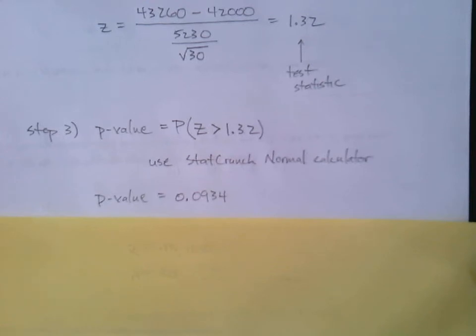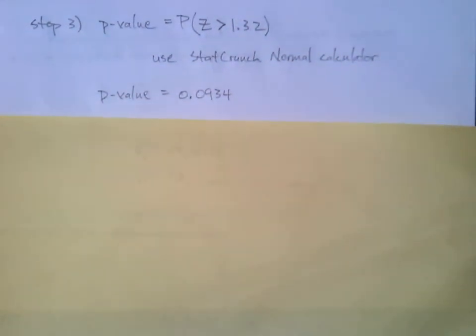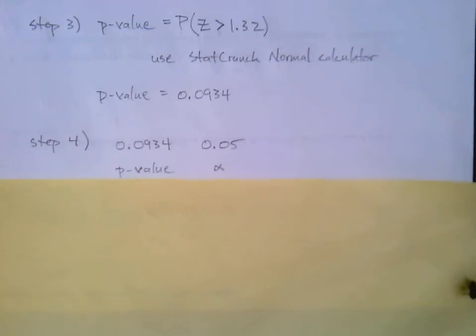At this point, you could argue the math is really done. Step 4 and 5 are just interpreting this p-value that we got. So step 4 is compare the p-value to the significance level. Okay, finally in step 4, this is when the alpha comes in. Okay.